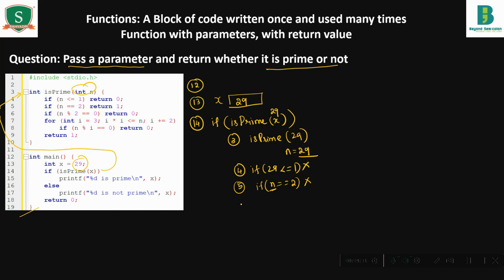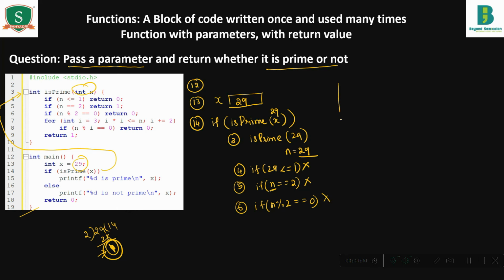If you look at the sixth step, if n modulo 2 is equal to 0, that means we are dividing 29 by 2 and checking whether we are getting the remainder as 0 or not. But here the remainder is not 0 because 2 14s are 28, the remainder is 1. We are checking whether the remainder is equal to 0, where the condition fails.